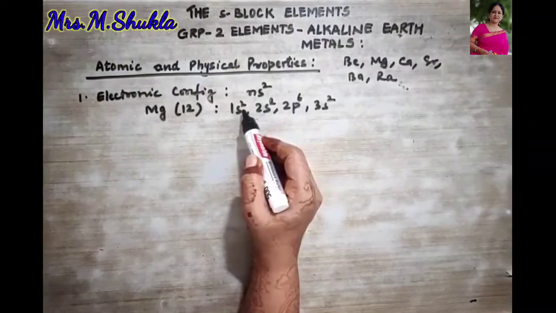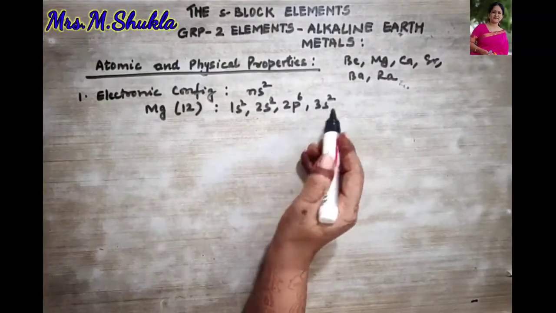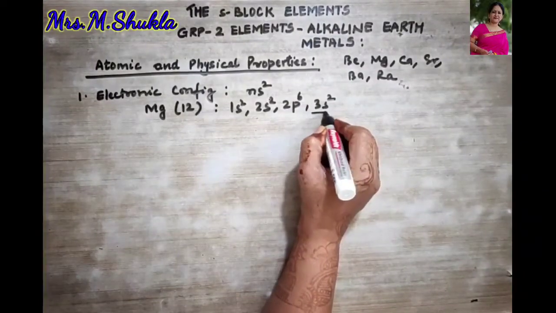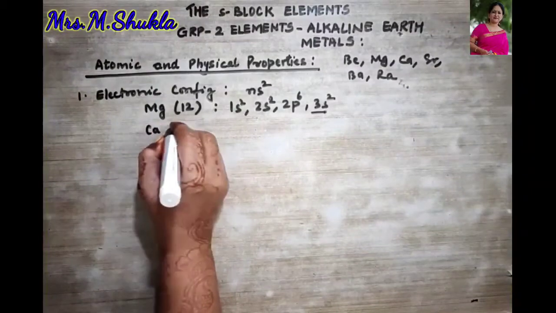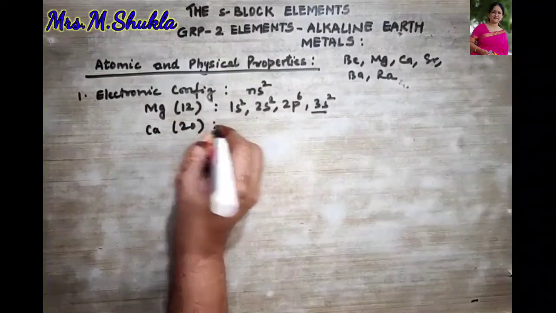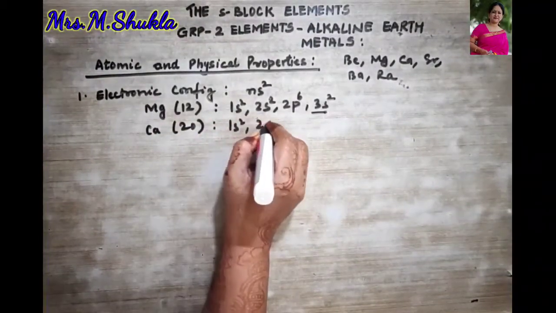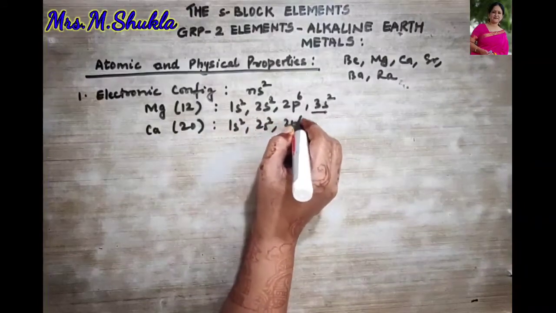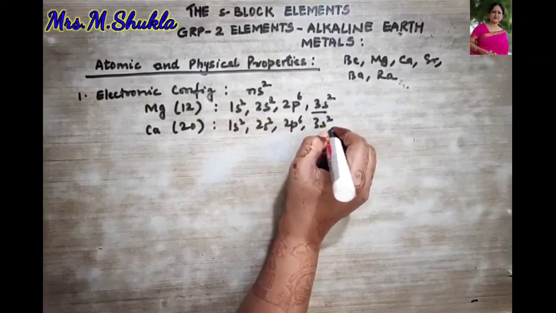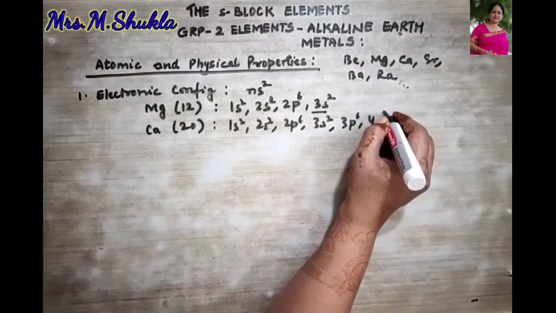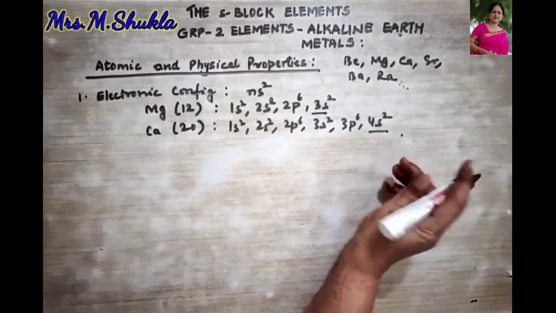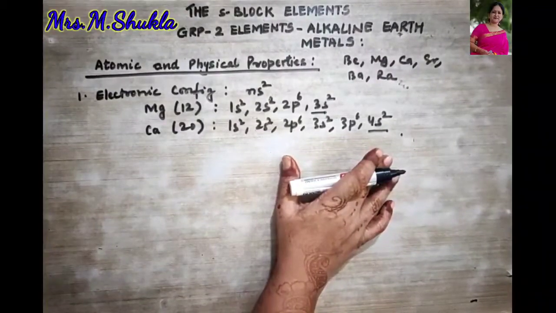So 6, 4, 10 and 2, 12. So we have ns2 over here. Similarly, for calcium, it is 20. So 1s2, 2s2, 2p6, 3s2, 3p6, 4s2. So again ns2. So I hope configuration is clear to you.